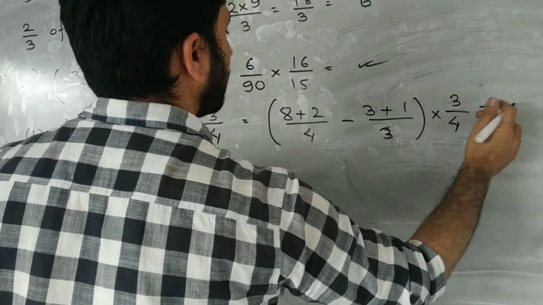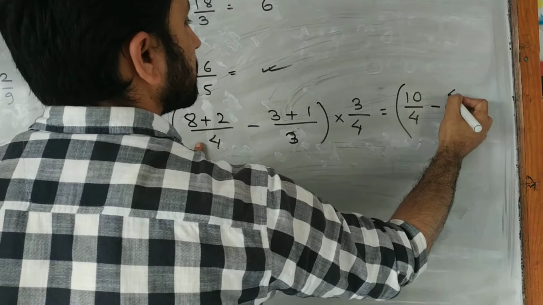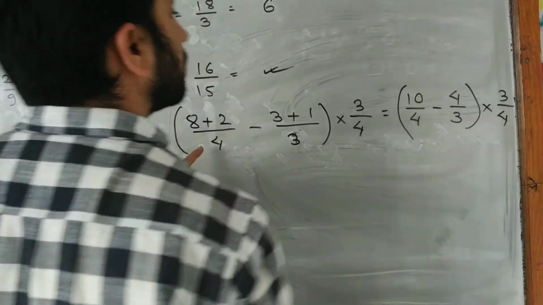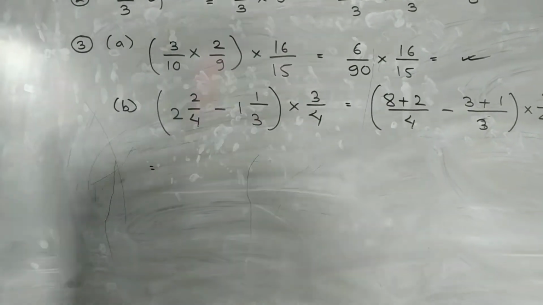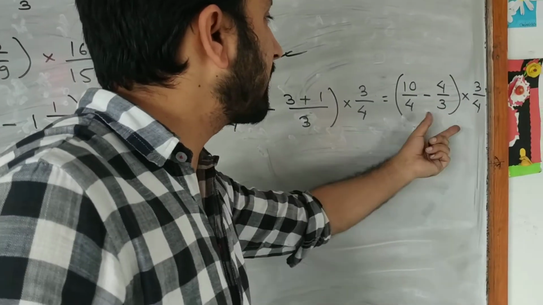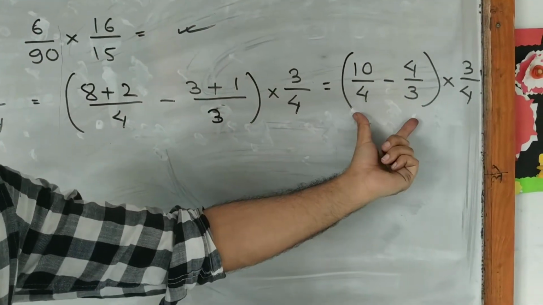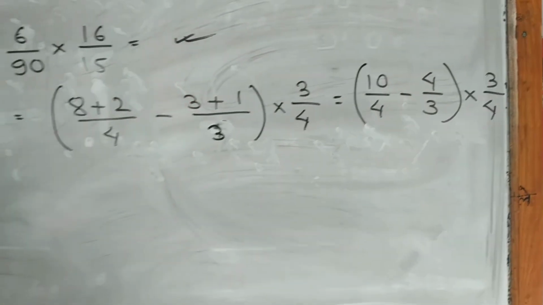Now that will be equivalent to 10 by 4 minus 4 by 3 into 3 by 4. Okay, now let's look at it. Since inside the bracket there is subtraction, I think I have clarified these subtractions in the previous session.